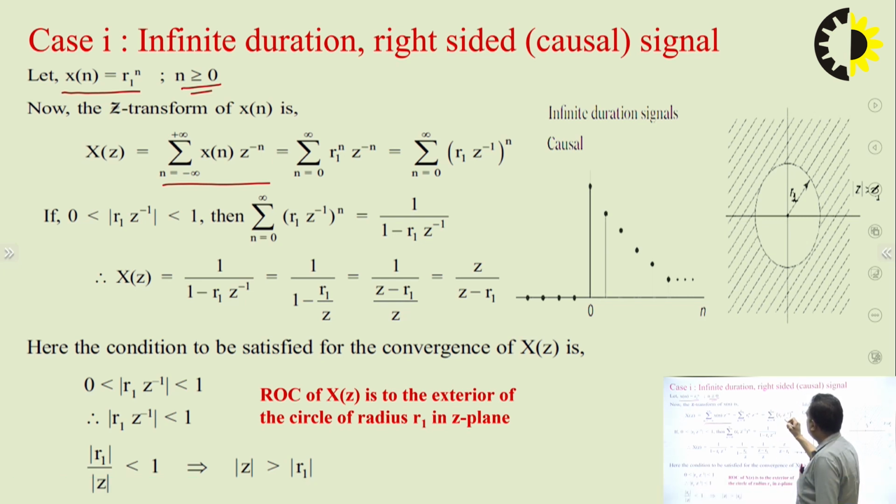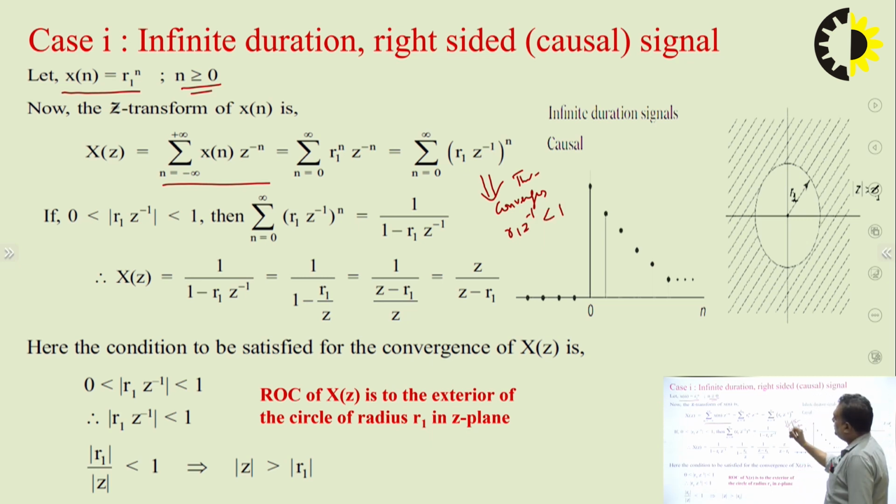So this series converges when |R1 z^(-1)| is less than 1. If it is so, only then this series will converge. If |R1 z^(-1)| is greater than 1, in that case this series will not converge.